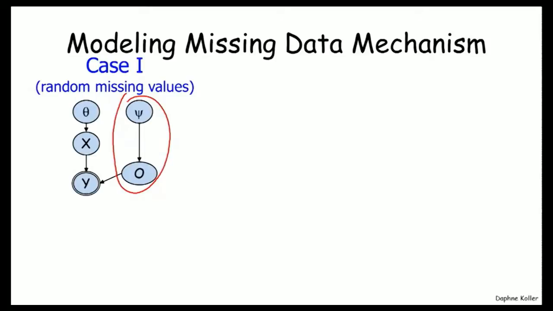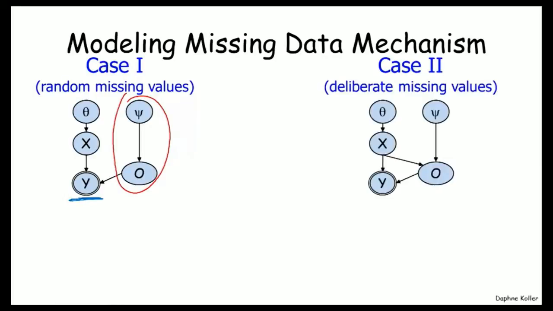A variable is sometimes observed by chance, and the observed value y depends on x and on o, but there is no interaction between the value of the coin and whether I end up observing it or not. By comparison, in the case where the experimenter doesn't like tails, the true value of the x variable affects whether it's observed or not, and so we have an edge from x to o.